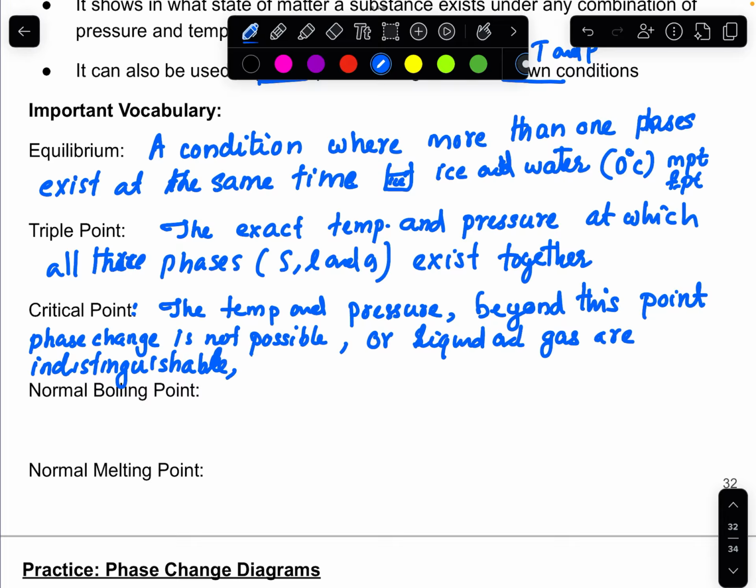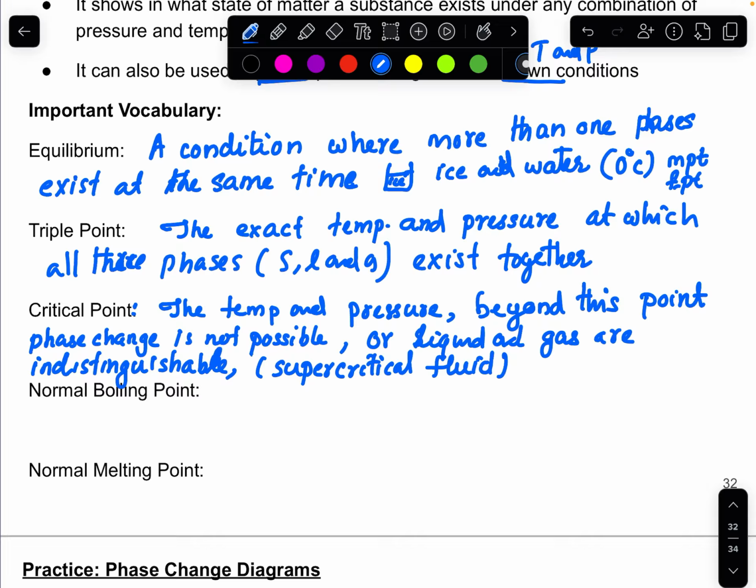It will act like a supercritical fluid. So it will behave like a gas and behave like liquid. It will have both the properties like gas and liquid. Okay.